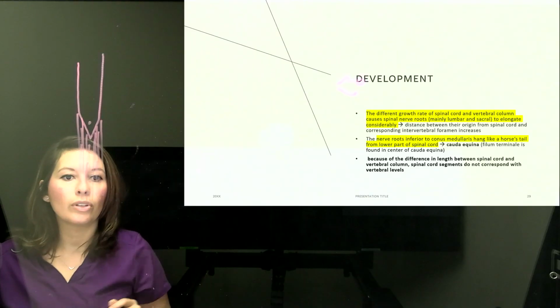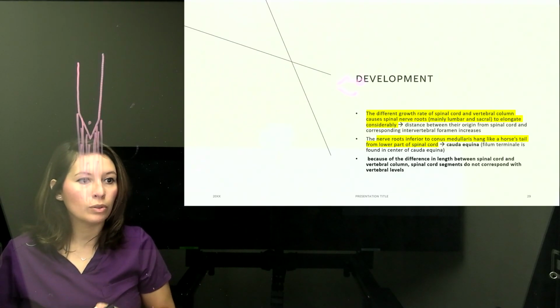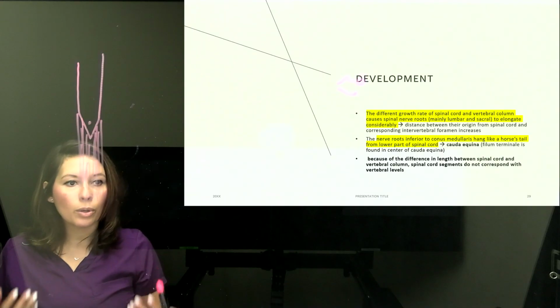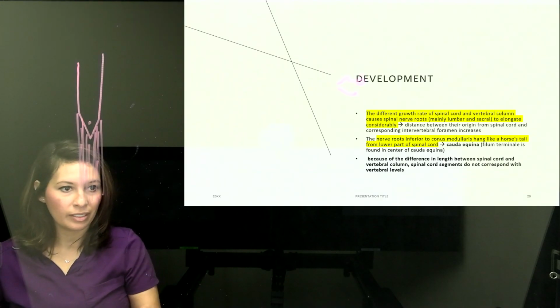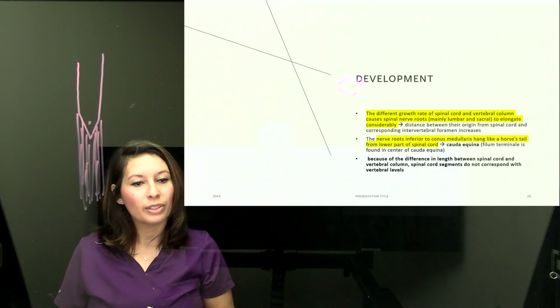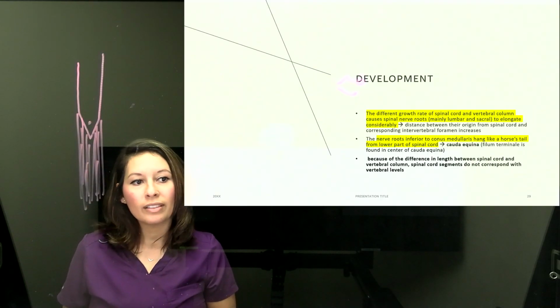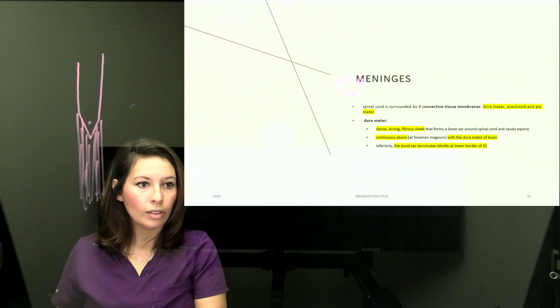So those are what we call the cauda equina, and these are going to be hanging like a horse tail from the lower part of the spinal cord. So because of the difference in length between the spinal cord and the vertebral column, the spinal cord segments do not correspond with the vertebral levels, right?